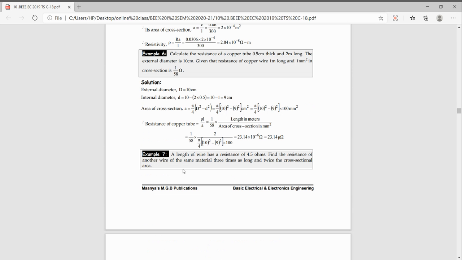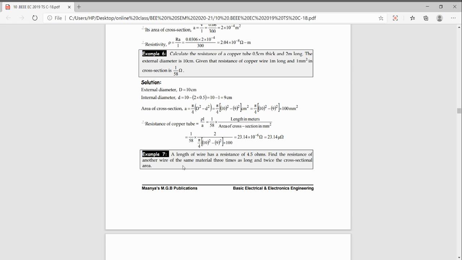Okay, fine. The next problem is that a length of wire has a resistance of 4.5 ohms, and we have to find the resistance of another wire of the same material, which is 3 times as long and twice the cross sectional area. So you have to understand the question first.